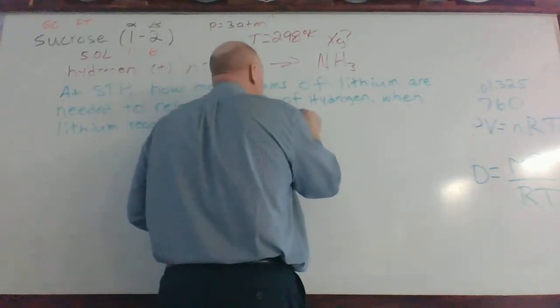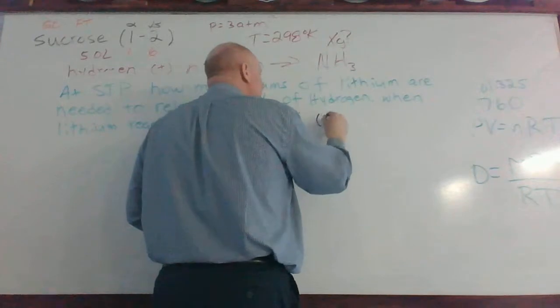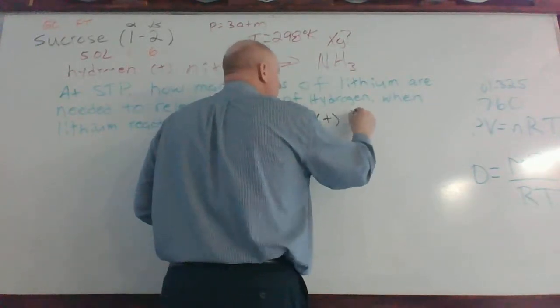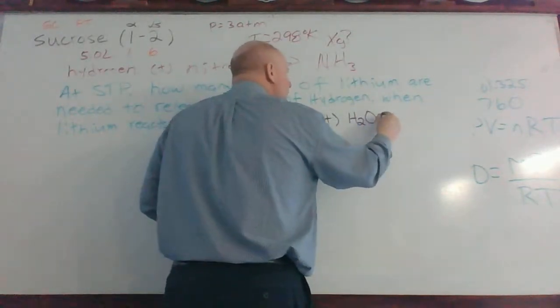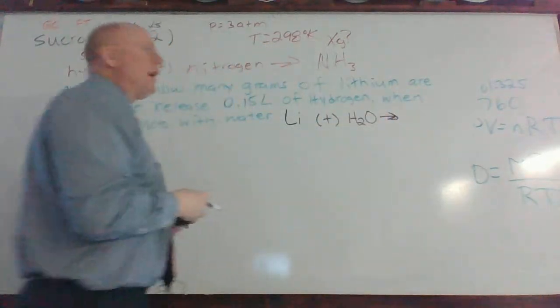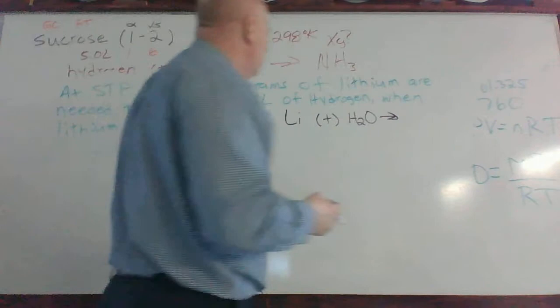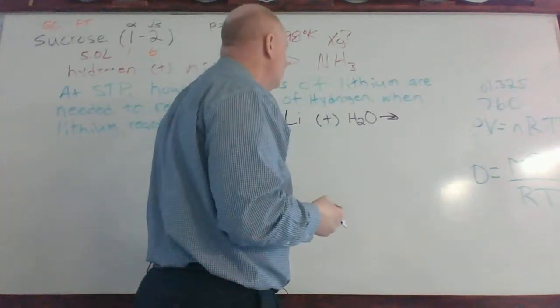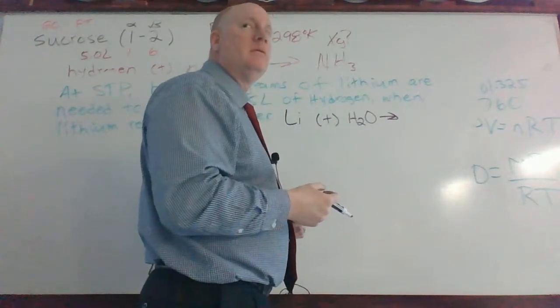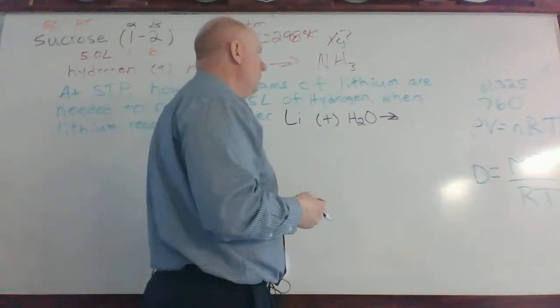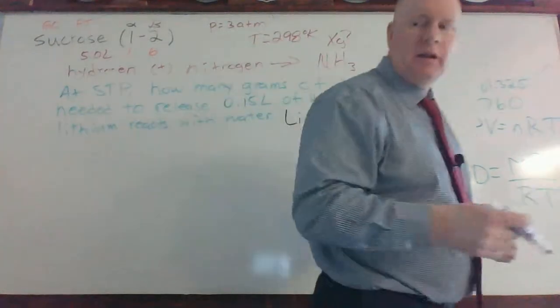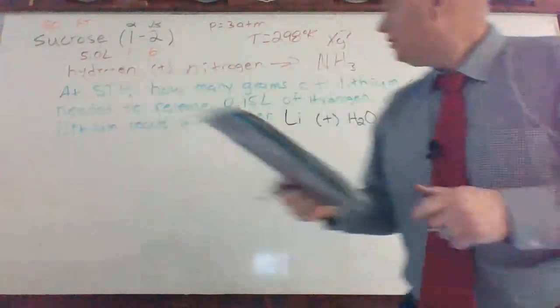We've got Li, and what's that reacting with? H2O. Okay. So what do we know is on the right hand side? Because what are we looking for? Okay, lithium oxide. I don't know. Okay. Yeah, it's a single replacement.